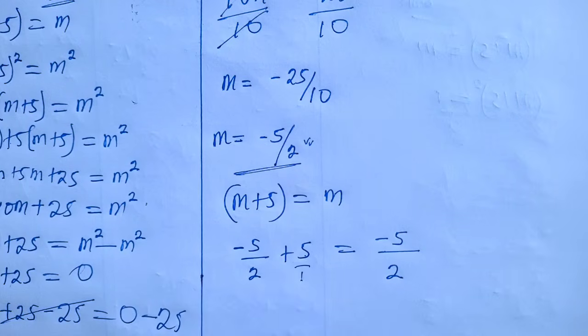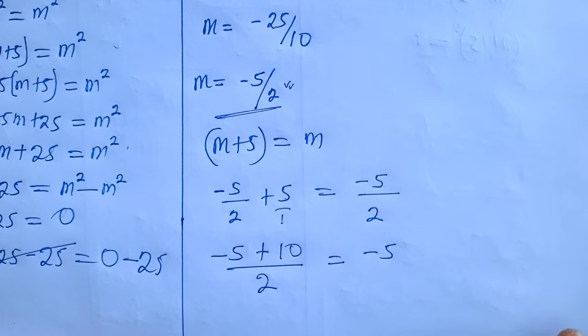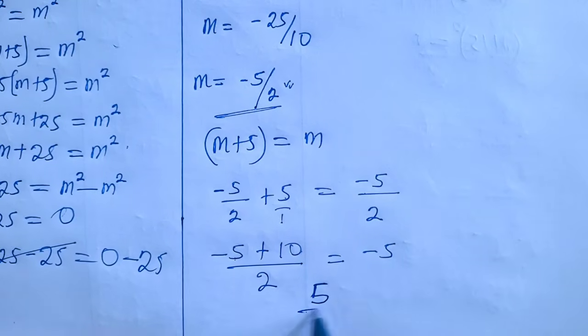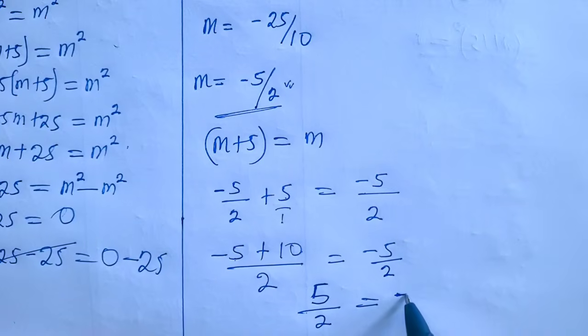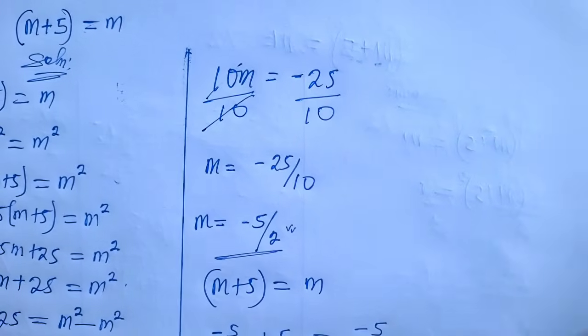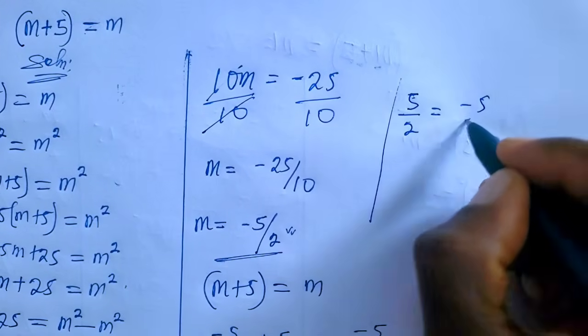We multiply 2 by 5, and we have minus 5 plus 2 times 5, that gives 10, all over 2. Minus 5 plus 10 gives us 5, so we have 5 over 2 equals minus 5 over 2.